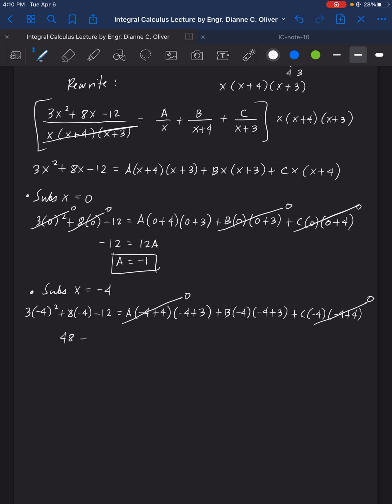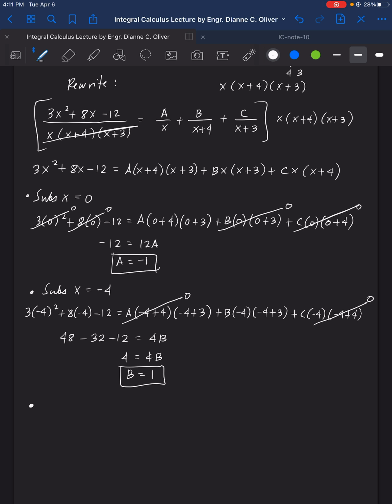Tama. So, that is negative 32 minus 12 is equal to this becomes negative 1 times negative 4, 4b. Therefore, 48 minus 32 minus 12 is equal to 4b. b is equal to positive 1.